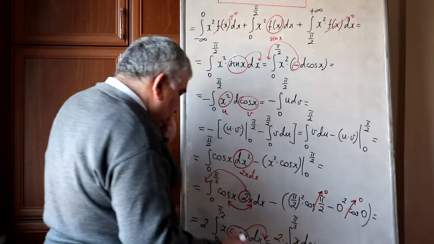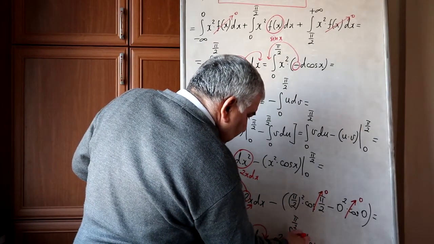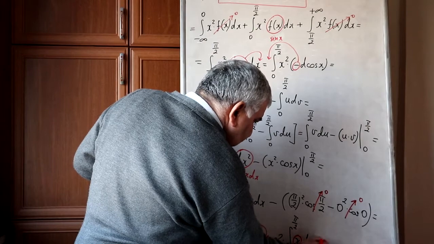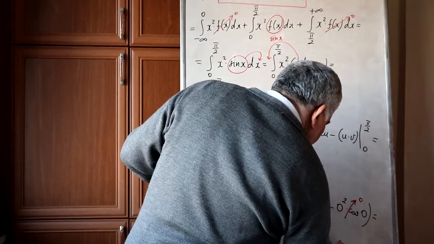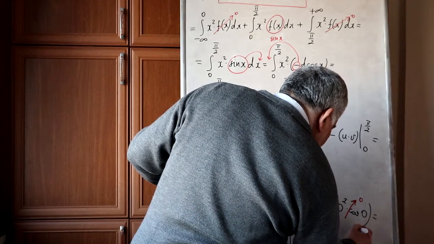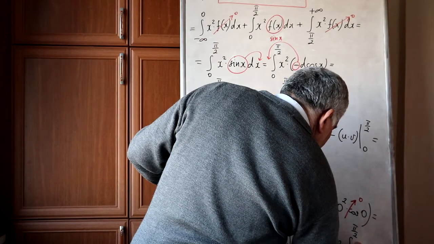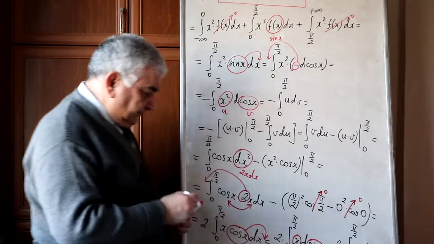Then let x be u and sine x be v. Then we have 2 multiplied by integral from 0 to pi in half u dv. Then continue.